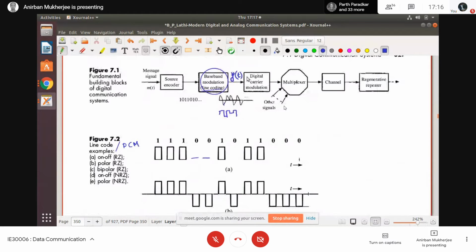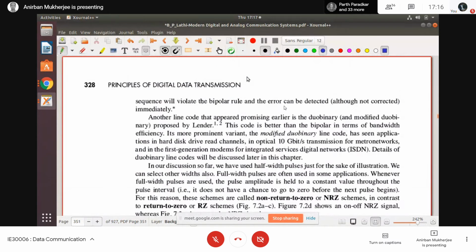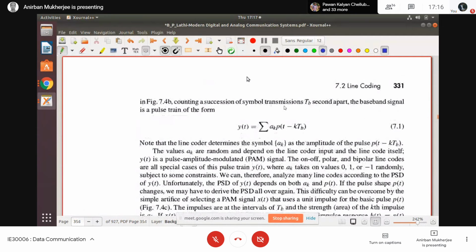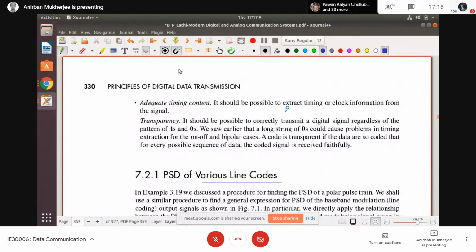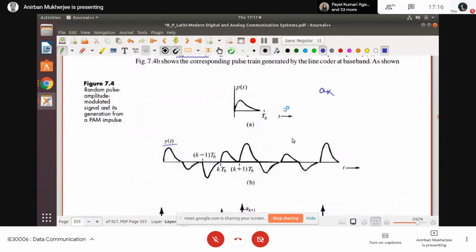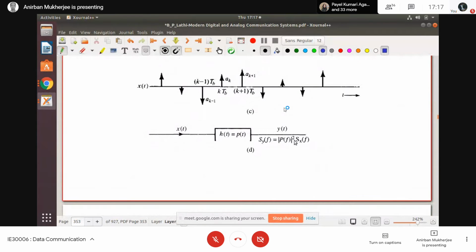So this is my y(t), and what I am doing is rather defining a pseudo filter kind of. It is nowhere related to that. Try to understand. I have got the y(t).